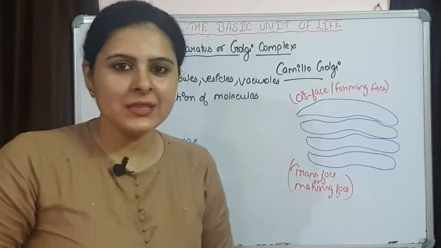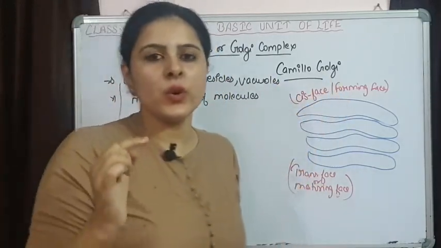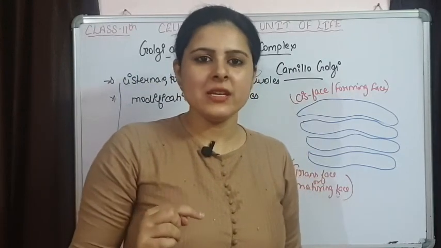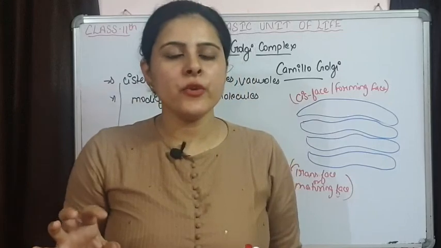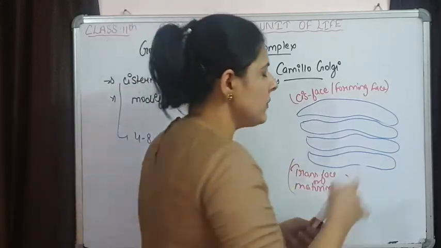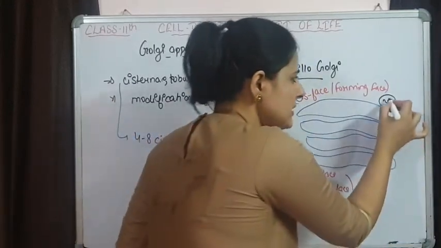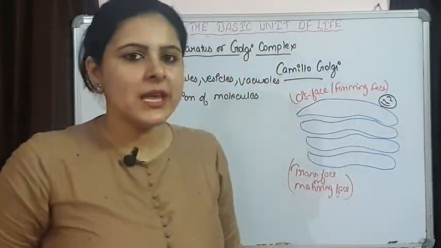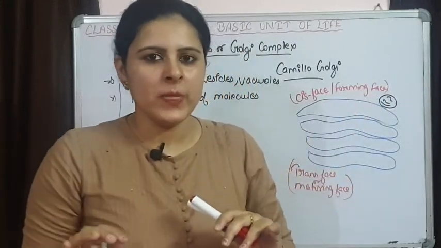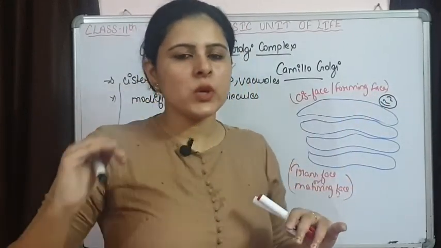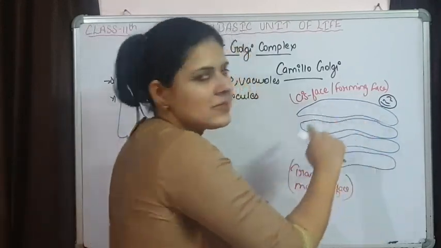Why are we saying this? They simply have a reason. This cis face is going to receive vesicles that are containing proteins, and these vesicles are coming from the endoplasmic reticulum. So these vesicles are going to fuse on this surface. Proteins are present inside these vesicles, and these proteins are still immature proteins. Modifications that are going to convert these immature proteins into mature proteins are going to occur in these cisternae.